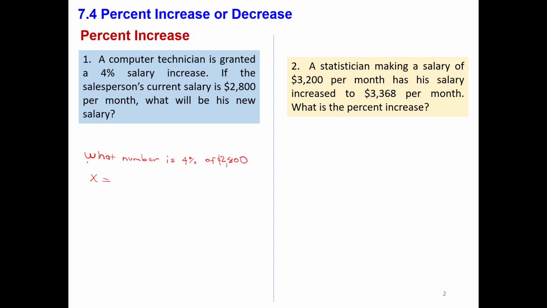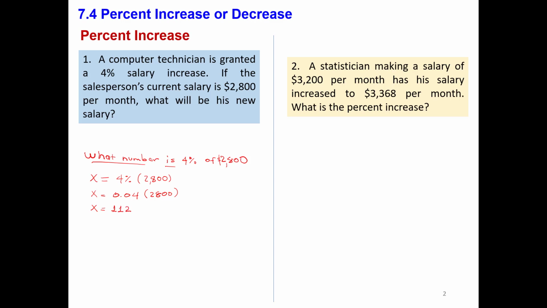X equals, because "what number is" gives the equal symbol, 4%, and "of" means multiplication, 2,800. We need to write this in decimal notation. For that, you can divide by 100, or just move 2 places to the left, and you will get 0.04. If we multiply 0.04 times 2,800, we will get 112.